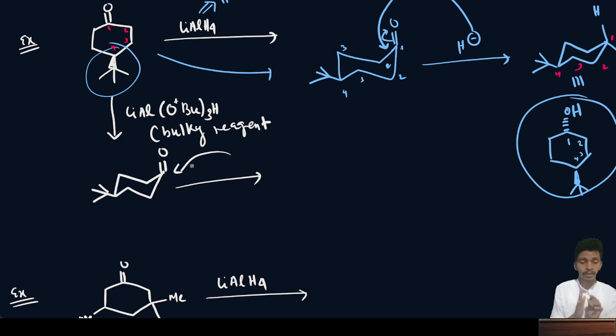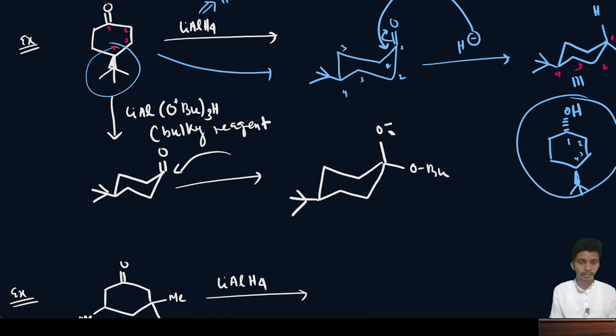So here there is no problem of whether 1,3-diaxial interactions are present or not. That type of problem does not arise in this case, because here we always do the equatorial attack. So equatorial attack means the oxygen will be on this side, and on this side we have these groups. And this is like this.